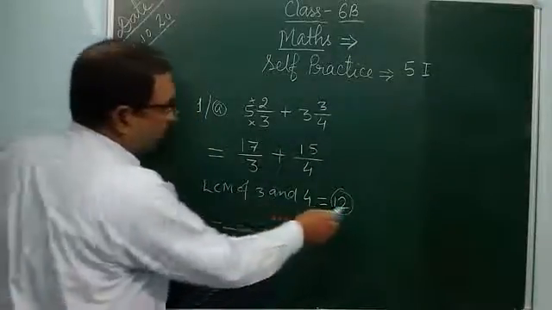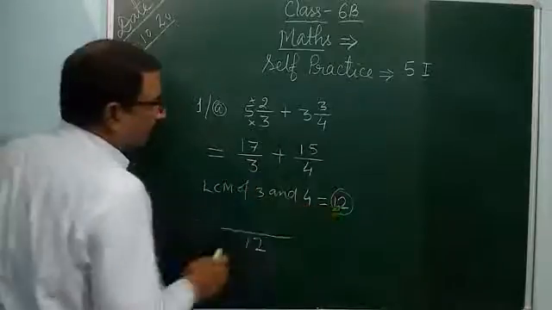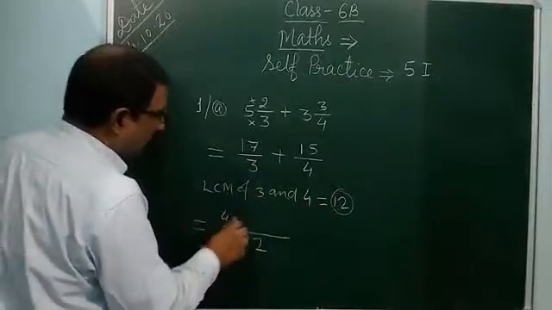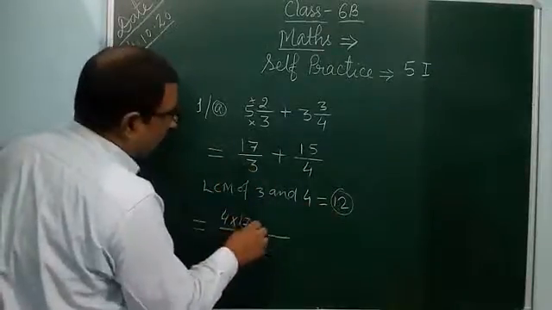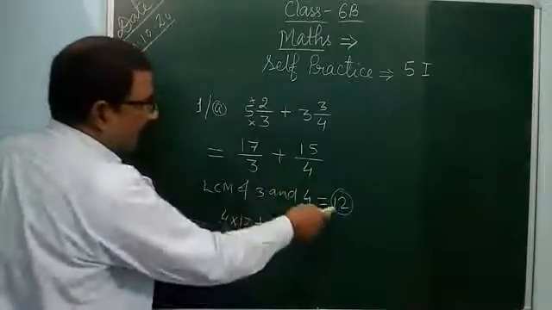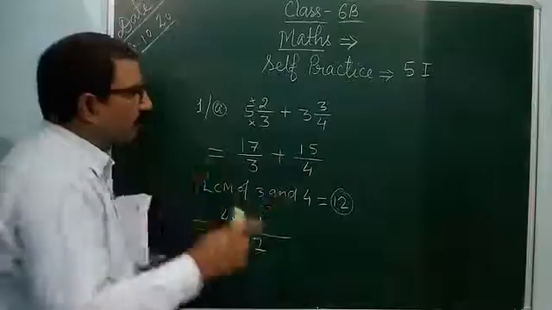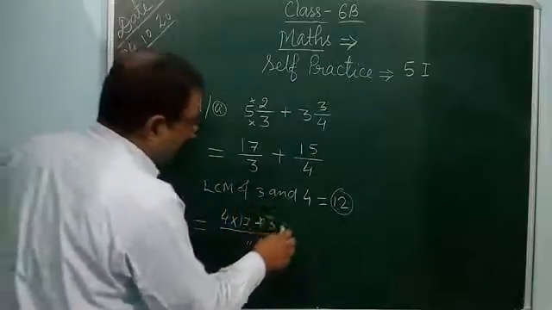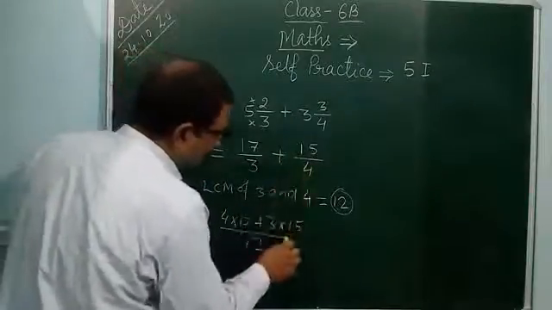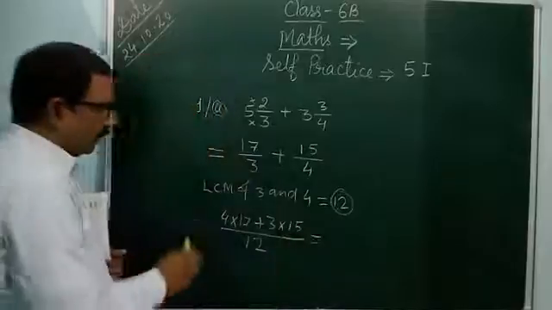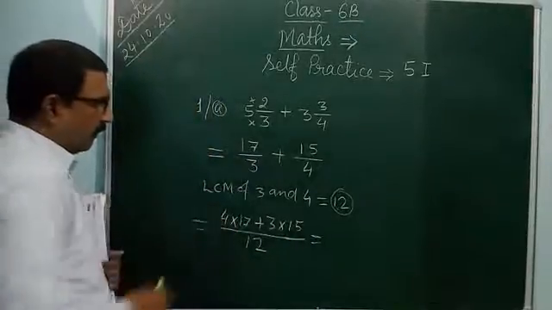After that this 12 you divide by 3. 3 fours are 12. 4 times, that 4 into 17 numerator. After that plus, you divide 12 by 4. 4 threes are 12. 3 times goes, so 3 multiplied with 15. After that 17 multiplied with 4.